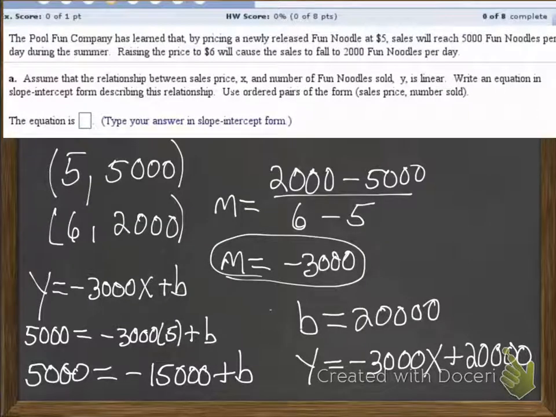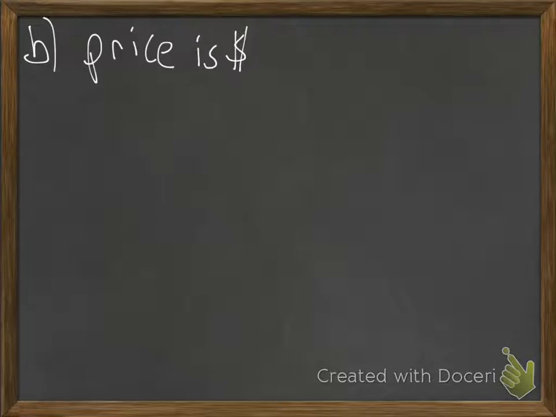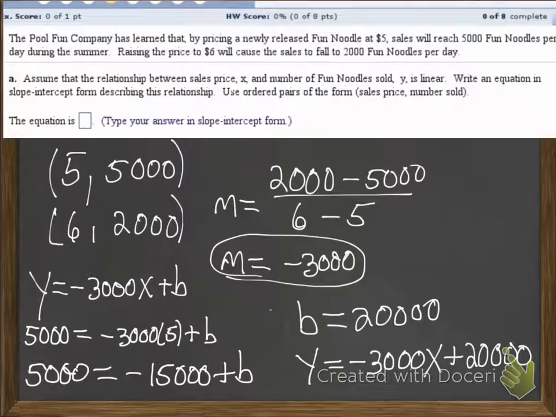Now that's part A of the question, so I've gone ahead and typed that answer in. And now it asks me to find out the number of fun noodles if the price is 550 cents.